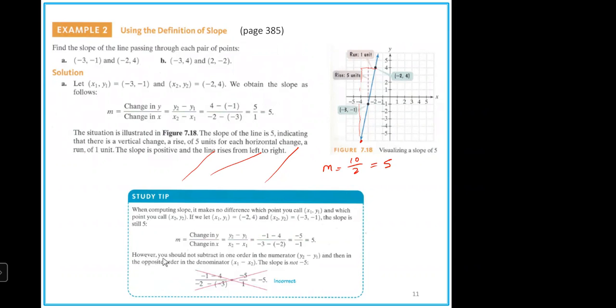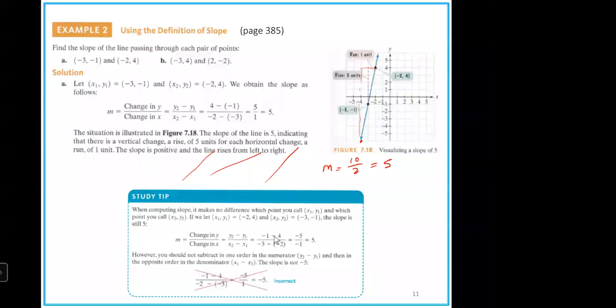So it says, however, you should not subtract in one order for the numerator and then subtract in the opposite order for the denominator. Okay, so just be careful about that. So if you use one set for the start, you have to use that same set for the end. You can't switch it around.